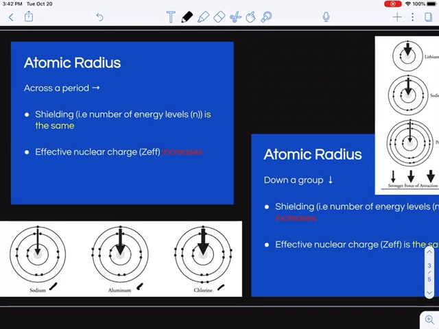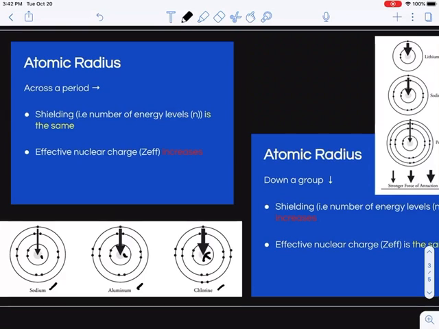However, as we move across a period, the effective nuclear charge is going up because the number of protons in the nucleus of sodium, aluminum, and chlorine increases as you move from left to right on the periodic table. So chlorine has the highest effective nuclear charge because it has the most protons in its nucleus, 17.